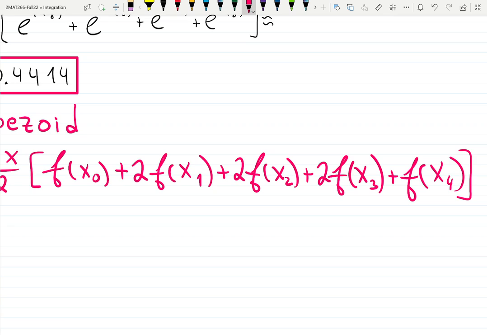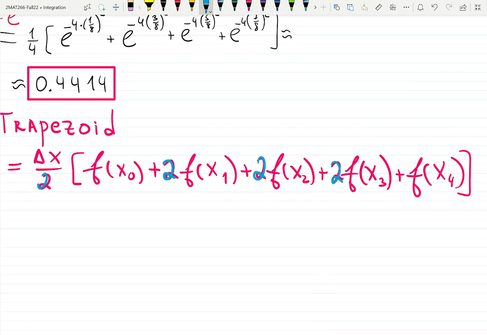You can ask which one is the correct method to do it. Both are correct. Traditionally, people start with 0 in computer science and math, but you will see starting from 1 as well. So I was trying to visually tell you how to memorize. It has 2, 2, 2 in the middle, and 1, 1 at the edges, and also delta x divided by 2.